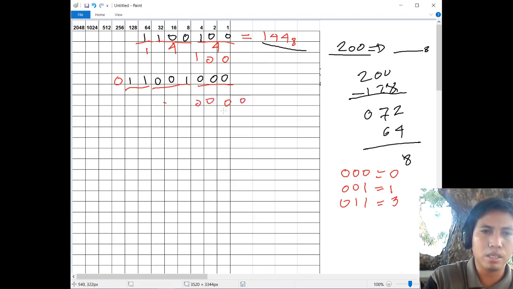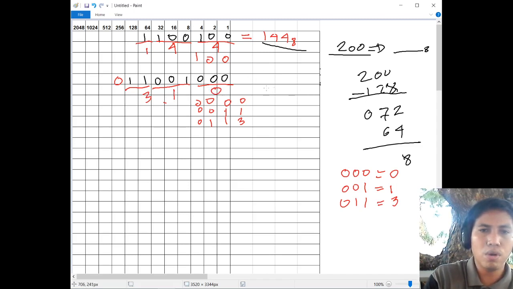Then 0, 0, 1 is actually 1. Then we have 0, 1, 1, that is 2 plus 1, that is 3. So the digits now are 0, 1, 3.